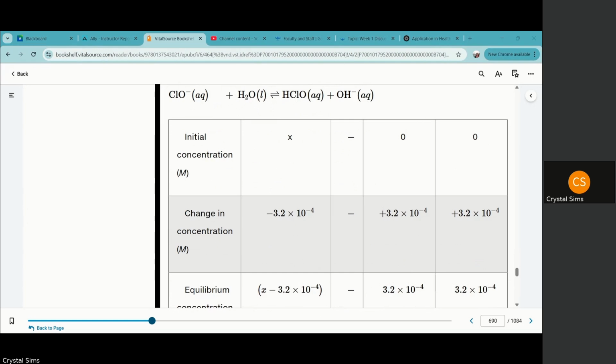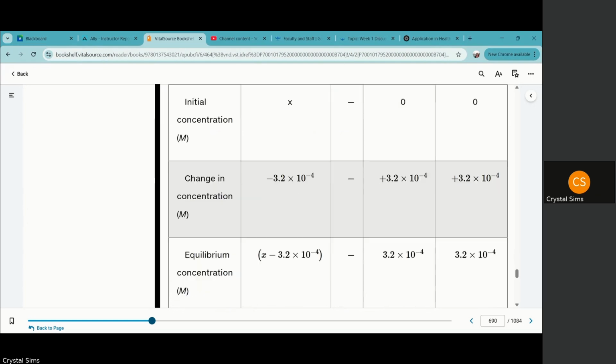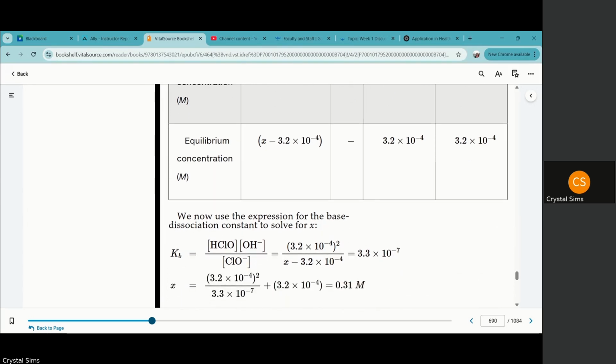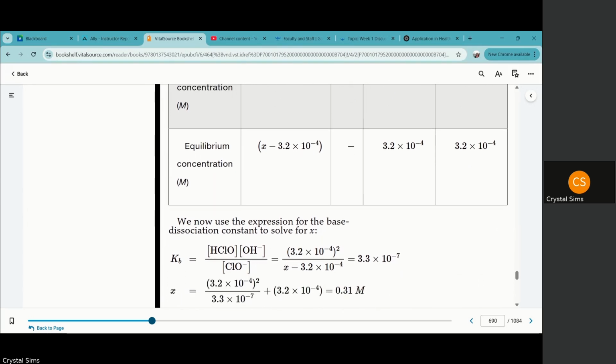So we set up our expression just like we have before. And this time I'm not going to have the x squared on top because I have a value for that. So I'm going to plug that in. I already know Kb, that's a constant. I've looked that up. I know what that is. Okay. And now I cross multiply and I solve for x.